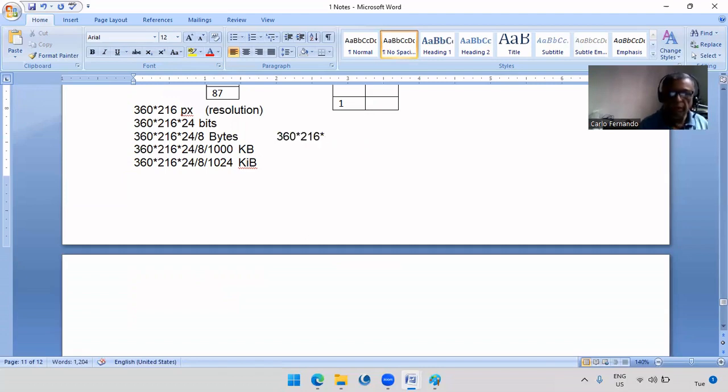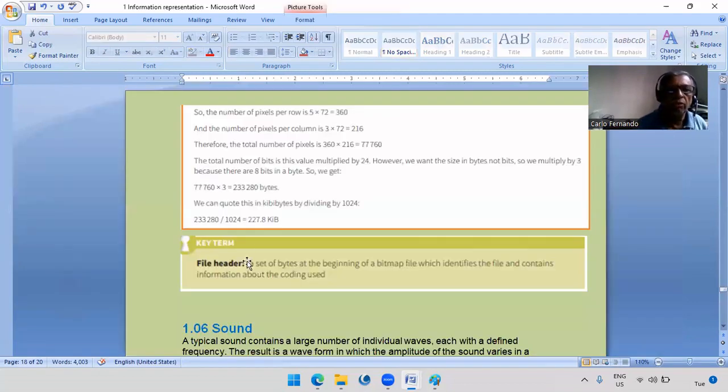Multiply by 24 divided by 8 means multiply by 3 in simple terms. Okay, that is what they have done in the book, and you can also follow that pattern so that you can save time. But you must be quick.